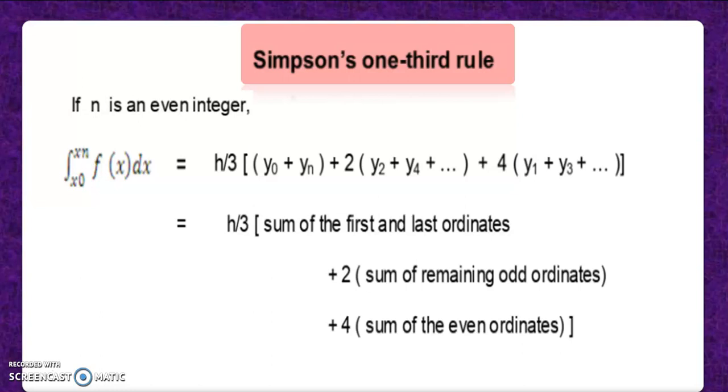That is h by 3 into y0 plus yn plus 2 into y2 plus y4 plus so on, plus 4 into y1 plus y3 plus so on. So this is nothing but h by 3 into the sum of the first and last ordinates plus 2 into the sum of the remaining even ordinates plus 4 into the sum of the odd ordinates.